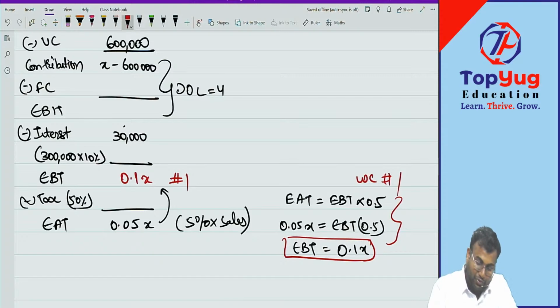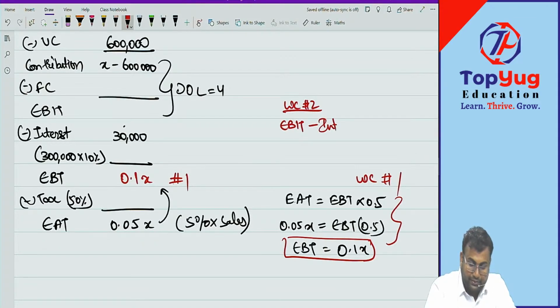Now can we go above? We know already the interest amount. So how much would be EBIT? Working note number 2. EBIT minus interest would be equal to EBT. So if I substitute, then EBIT is equal to 0.1x plus 30,000.